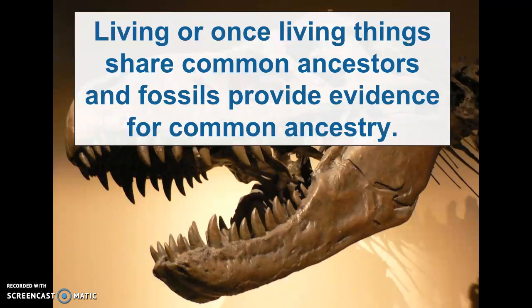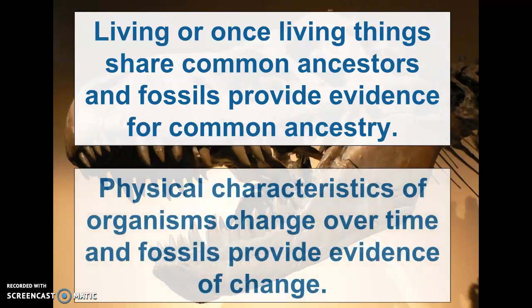Again, just like we talked about, looking at fossils provides those links between organisms for similarities. Physical characteristics of organisms change over time, and fossils provide evidence of that change. Again, by looking at those similarities in the fossils, they can see how an organism might evolve and change and adapt to its surroundings.